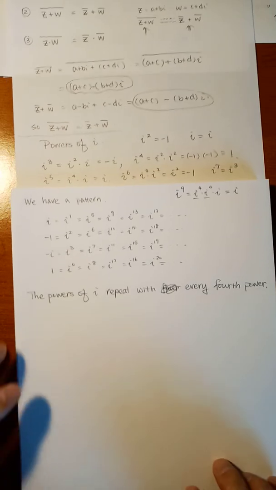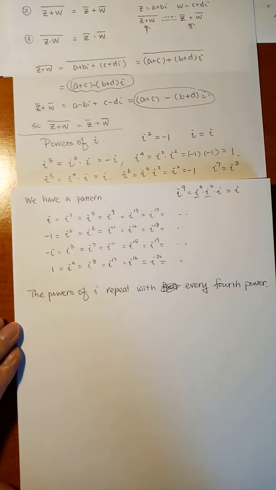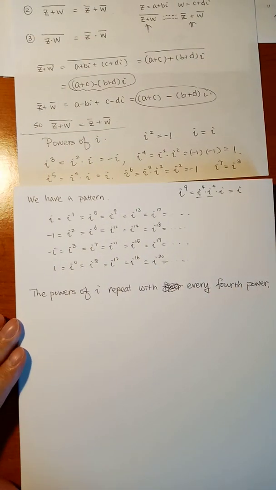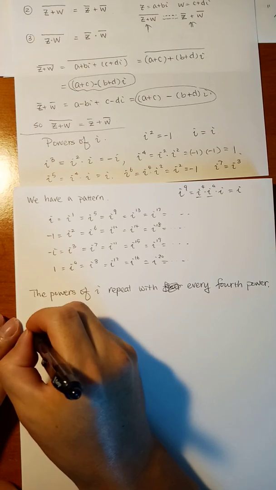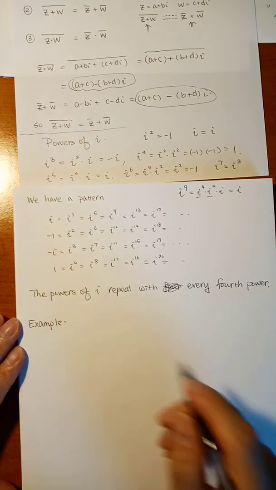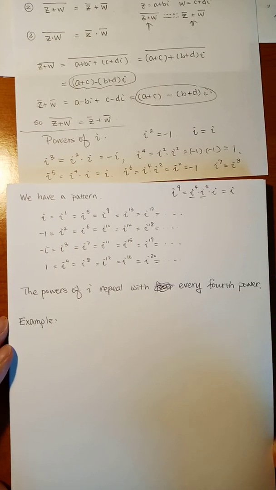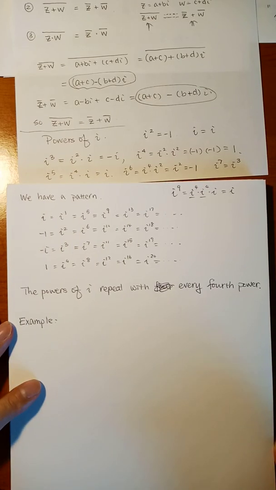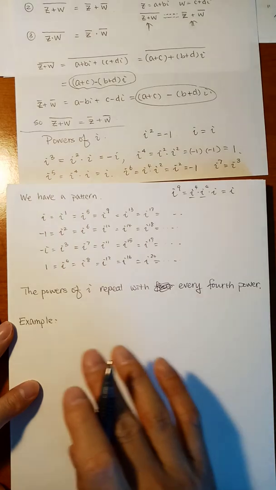After every four times, you will repeat. So this is a special property. You may not see what the usage of it is, but we will have some examples which will give you a strong hint to apply this property.